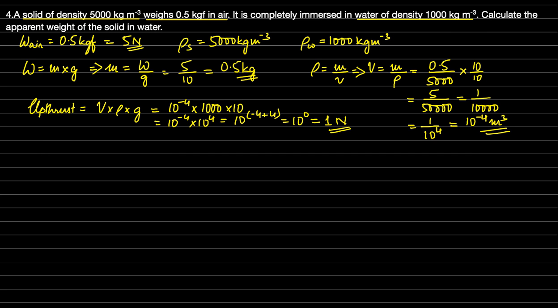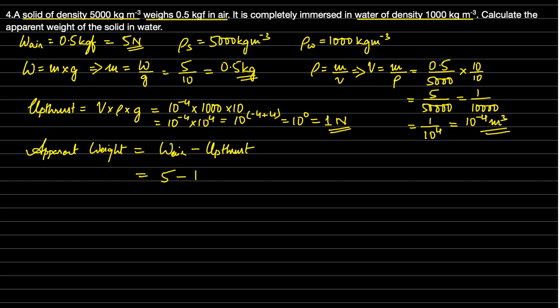So for finding apparent weight, it's going to be equal to weight in air minus the value of upthrust which we have got. So weight in air is 5 newtons minus upthrust, which we got as 1 Newton.